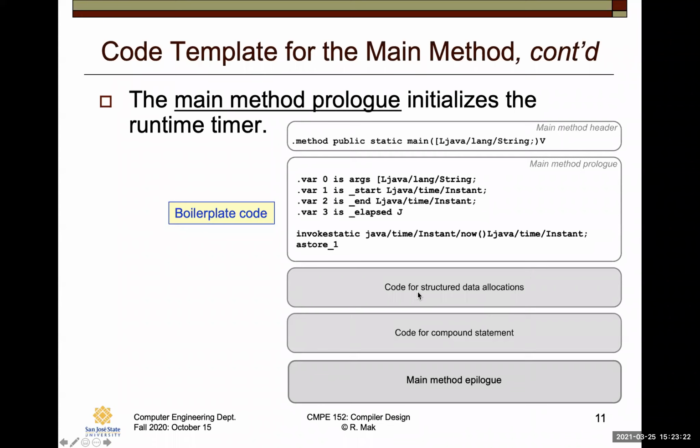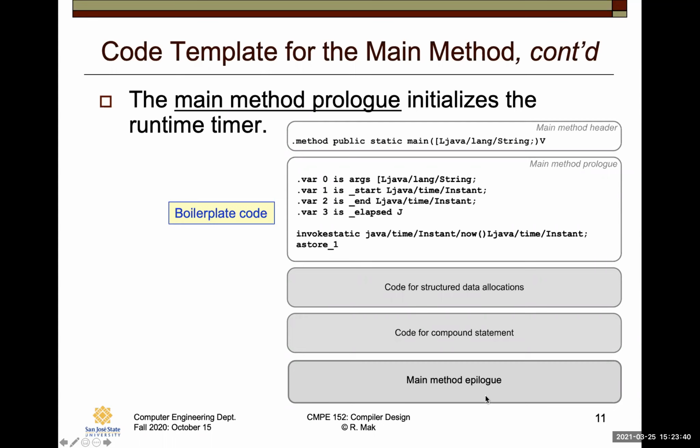Here's the code for the compound statement. The main is itself one compound statement, and we would generate code for it, and it would be in this gray box. And then finally down here would be the epilogue.